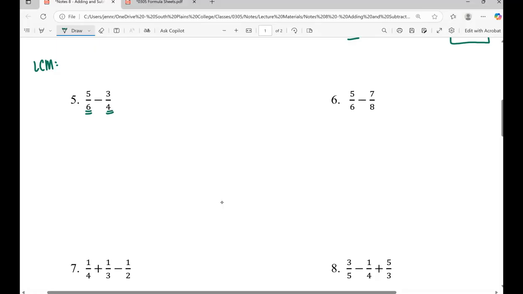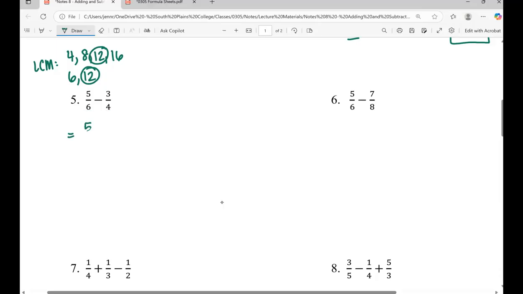The denominator is what I care about. So I'm going to make a list of 4 and a list of 6 to see what they have in common. 4, 8, 12, 16, 6, 12. Oh, the moment something shows up in both lists, I'm ready for that common denominator.